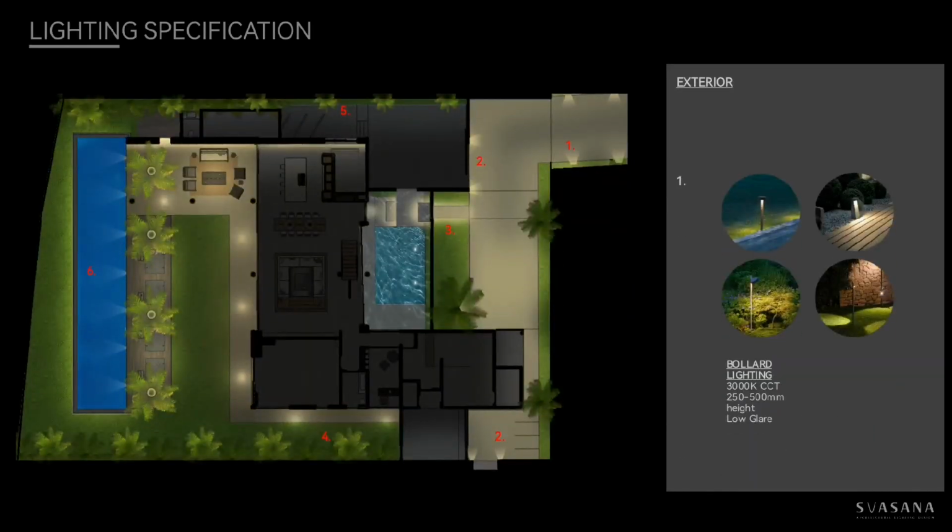Okay, and then for the master plan, if you can see here, number one is about the bollard lighting for the driveway, and we have so many options of bollard lighting models. Like this, I show you this for option, this one for example.